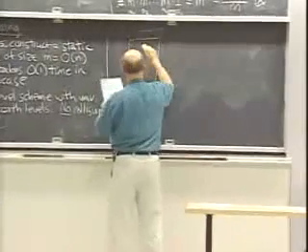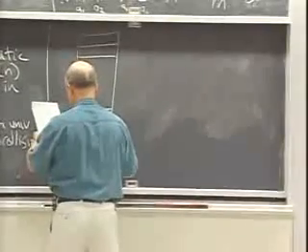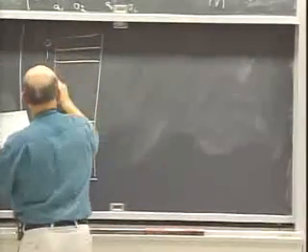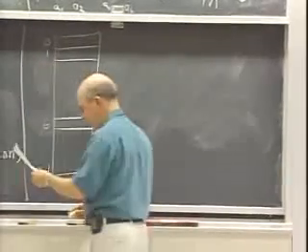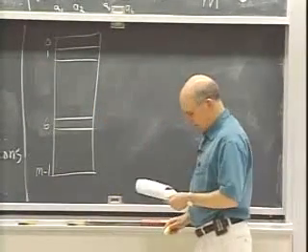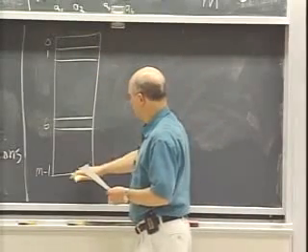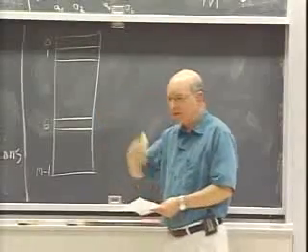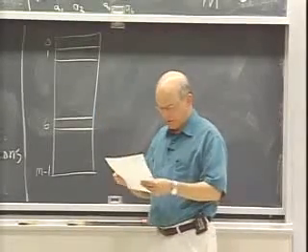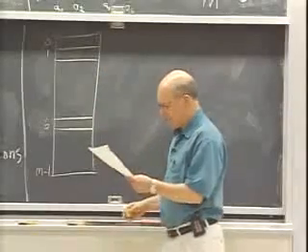So we have 0, 1, let's say 6, n minus 1. So here's our hash table. And what we're going to do is we're going to use universal hashing at the first level. So we find a universal hash function. We pick a hash function at random. And what we'll do is we'll hash into that level.